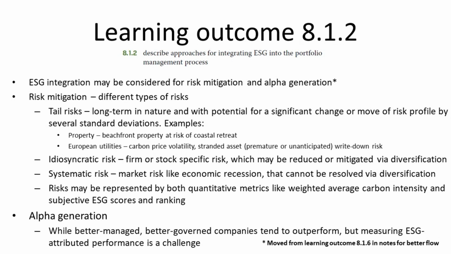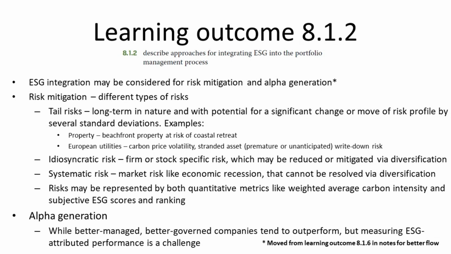For risk mitigation, there are different types of risks that we should take note of. The first one is the so-called tail risks. Tail risks are long-term in nature, with potential for significant change or move of risk profile by several standard deviations. To put it differently, the probability of such risks occurring may be low, but the impact when such a risk actually occurs can be quite high.